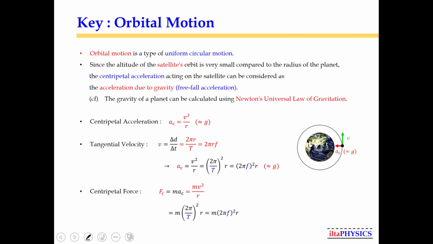To put this from another perspective, when a satellite is orbiting an arbitrary planet, if we calculate the centripetal acceleration of the satellite, we can find the gravitational acceleration of that planet.